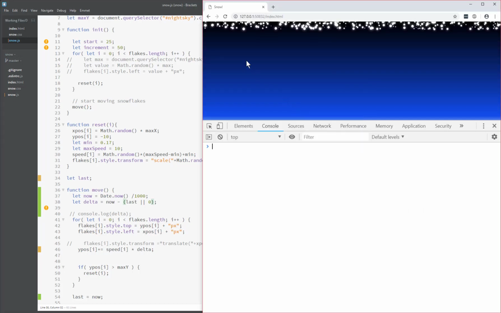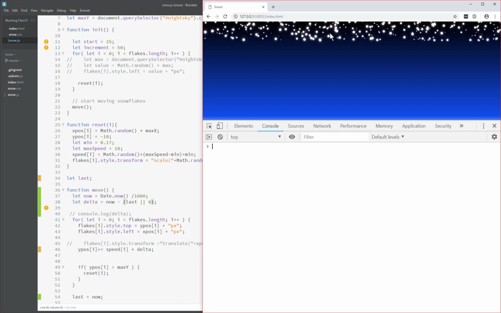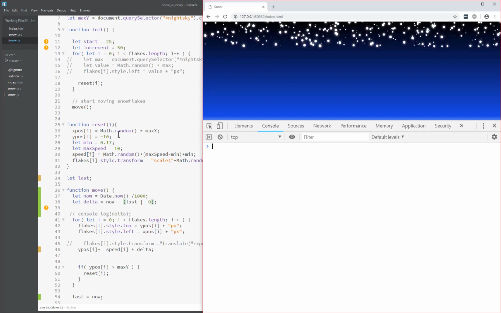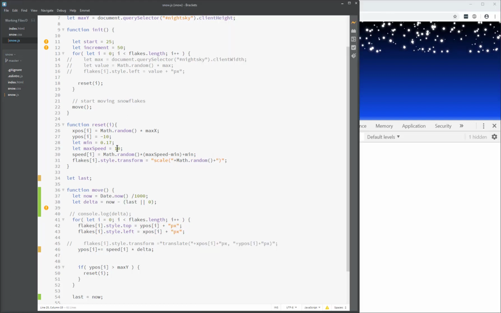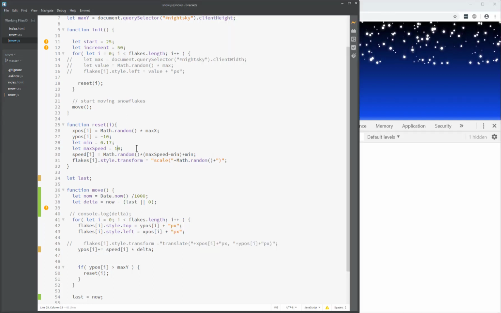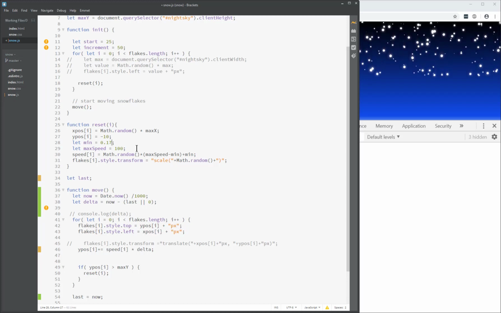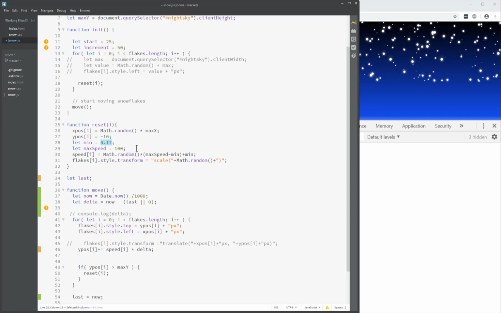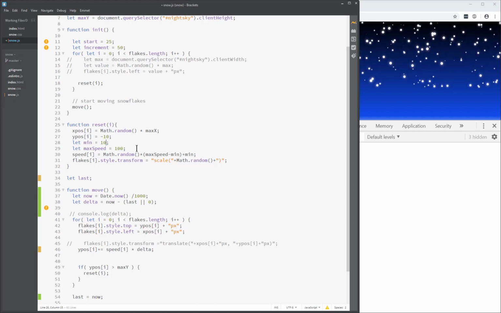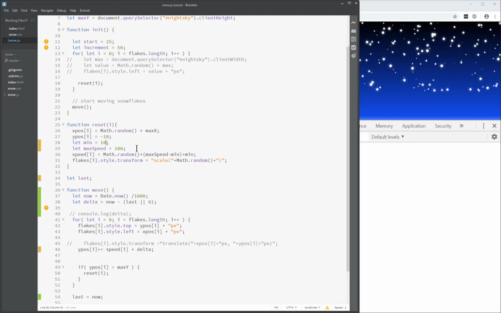Oh yeah. But all of them are now extremely slow. And that's of course because the max speed is 10 pixels per second. Maybe I should set the max speed to 100 pixels per second. And the minimum speed to 10 pixels per second. How would that look?